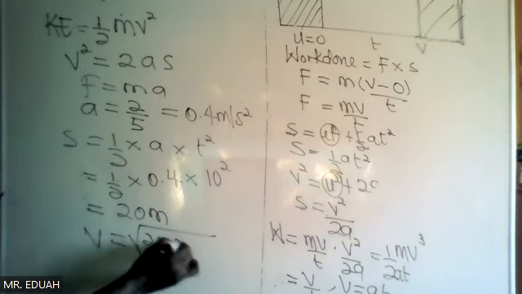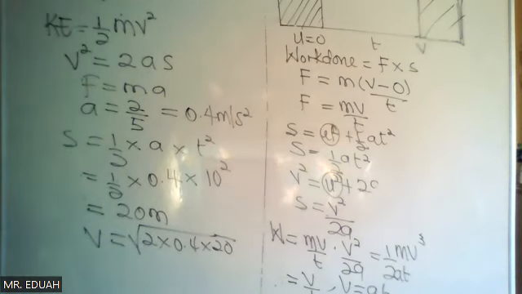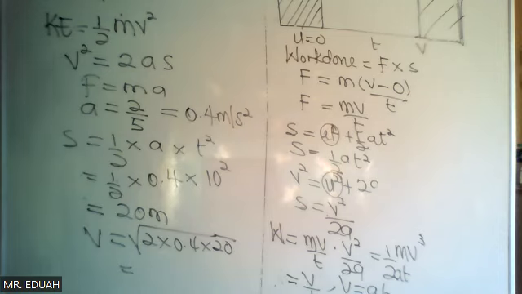And so if the distance is 20 meter, then the velocity v will be equal to square root of 2 by 0.4 by 20. Multiply what's in the bracket for me.